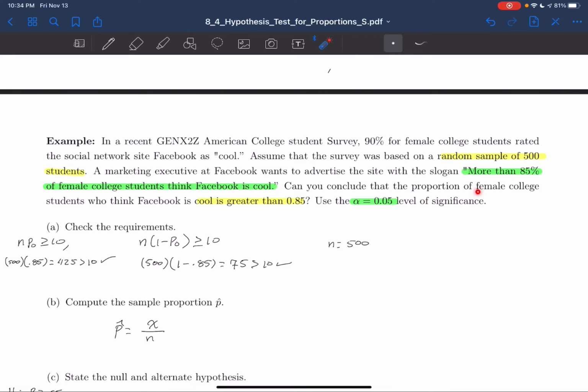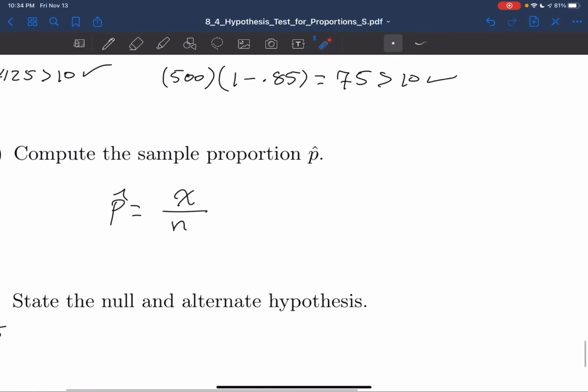Since that's what we're working with, 90% is going to be our sample proportion. So sometimes in the question, they give you the sample proportion. So here, this is going to be equal to 0.90.